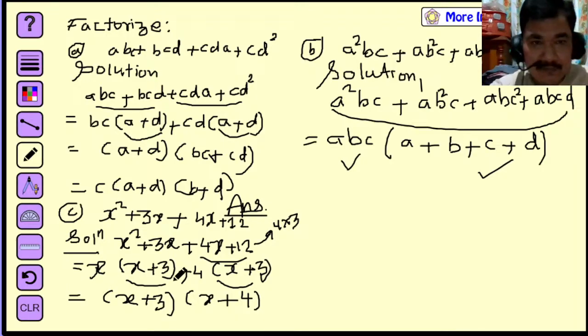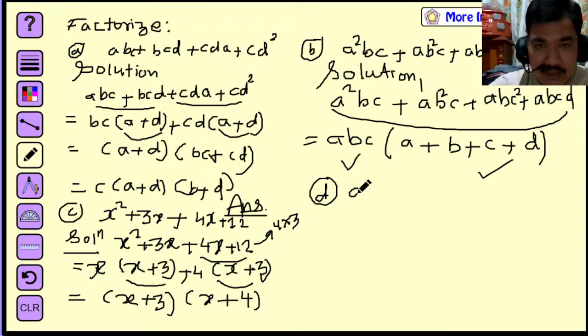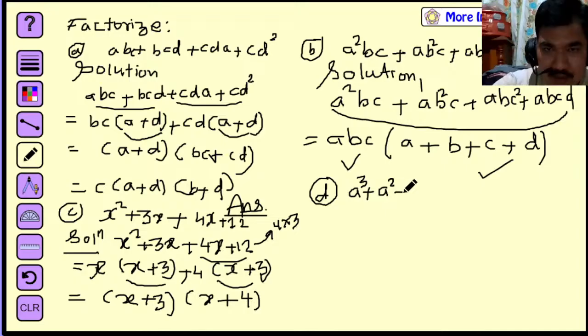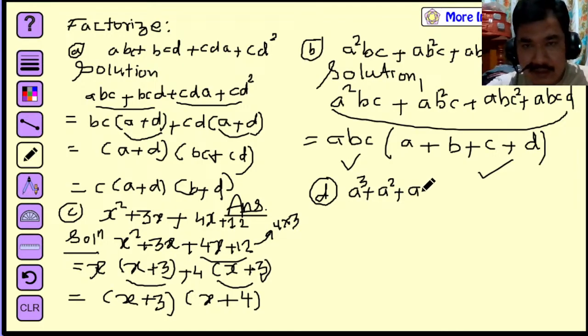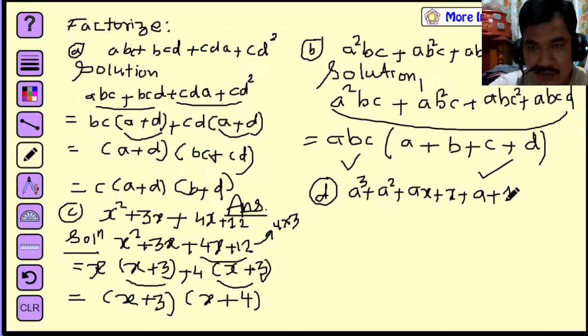The question is like this: a cube plus a square plus ax plus x plus a plus 1.